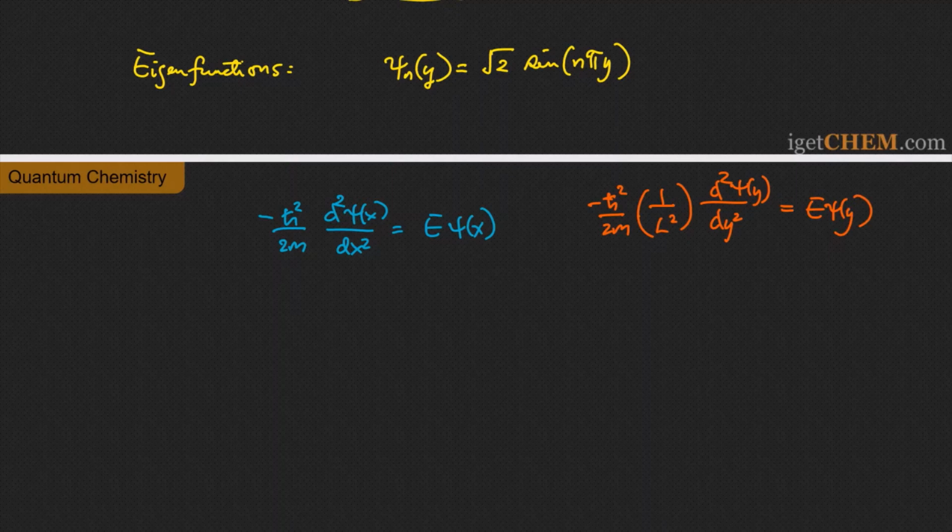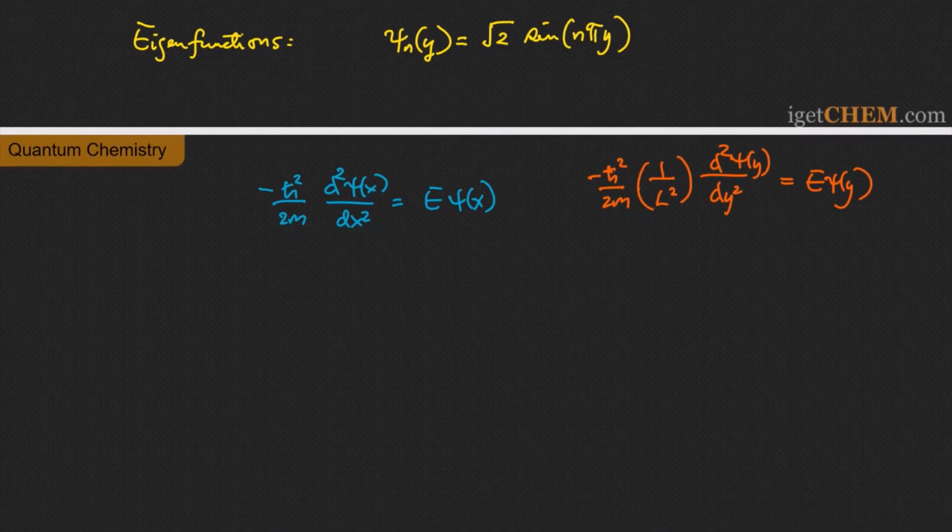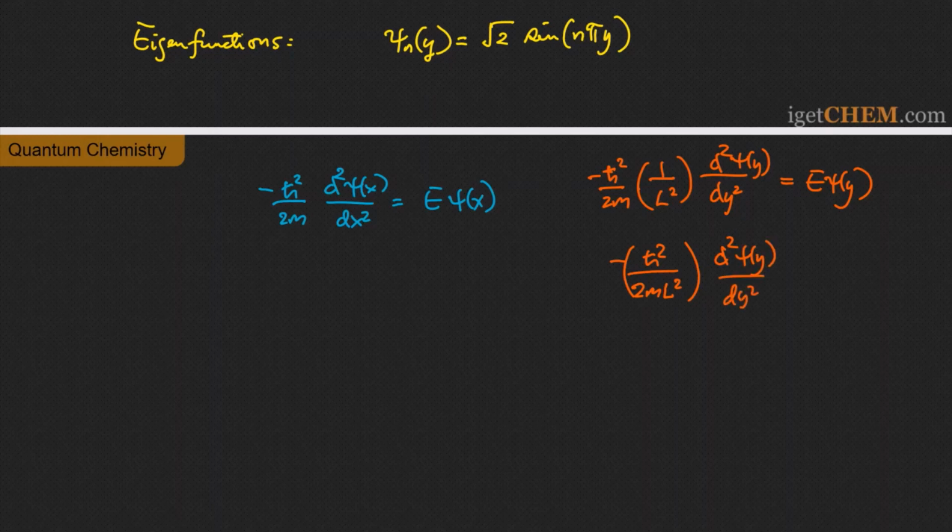So the Schrodinger equation rewritten in terms of this new variable y is going to look like that. And I'm going to just group these together: 2mL squared on the bottom, h bar squared on top, and this is d squared psi of y dy squared is equal to E times psi of y.